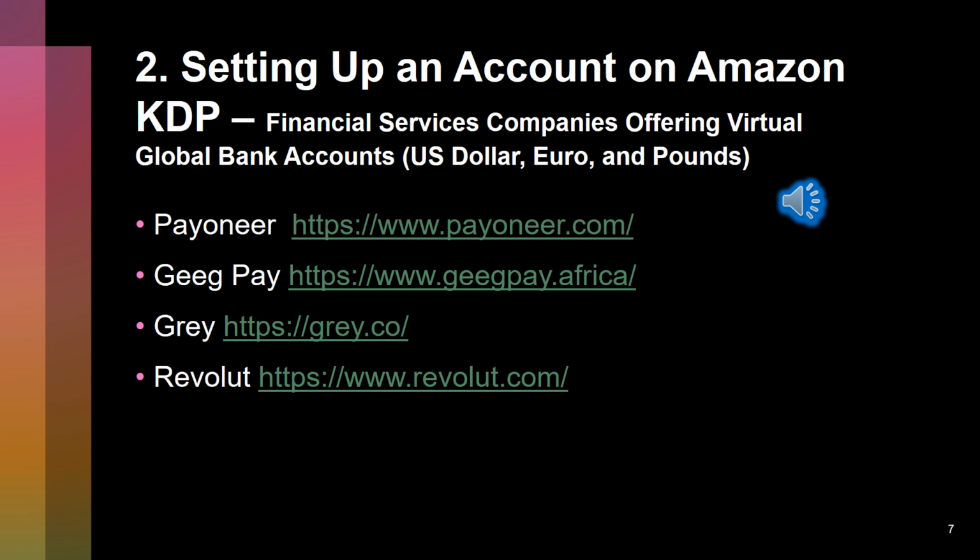GeekPay serves countries in Africa, and Gray serves some countries in Africa, not all. Revolut is a European bank, in the EU, so it serves countries around the world anyway, but you have to confirm by checking to be sure that your own country is served by these financial services companies. Then you open a virtual bank account and input your details in the getting paid section. All right, so see you on the next slide.